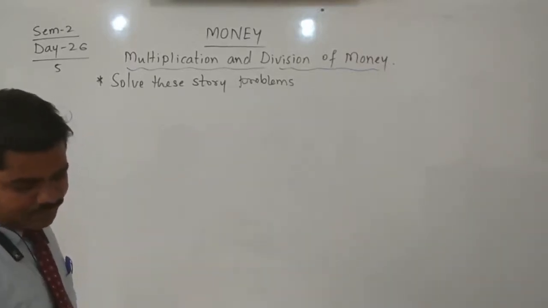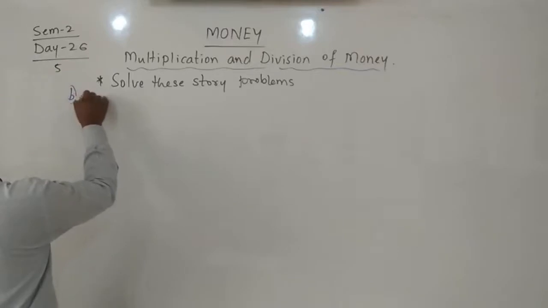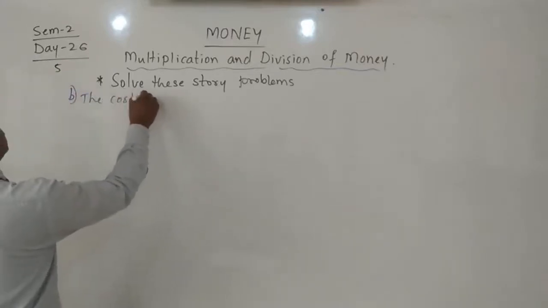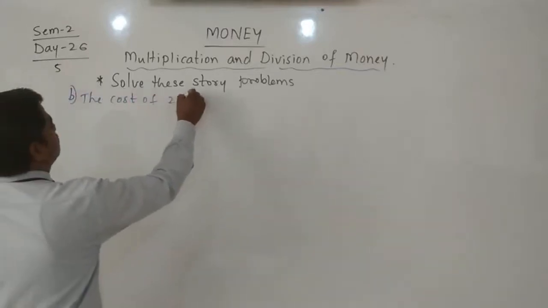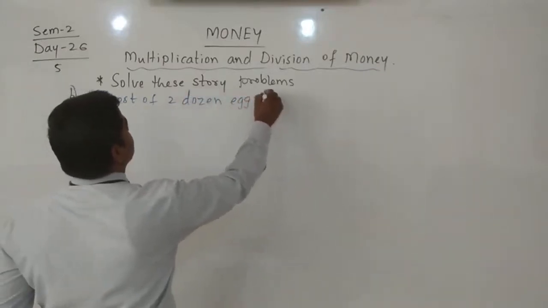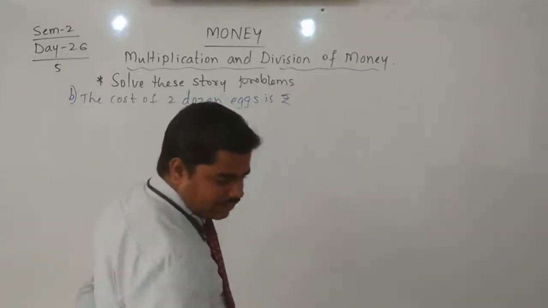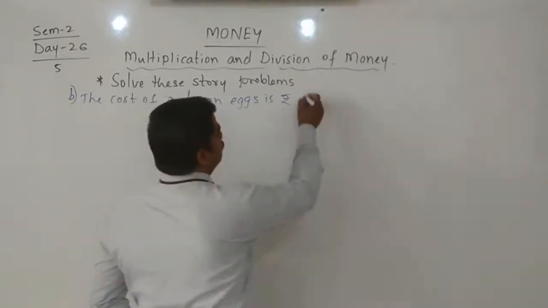The cost of 2 dozen eggs is rupees, how much? 85.20.